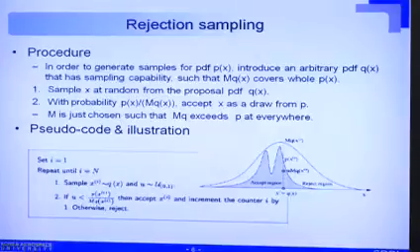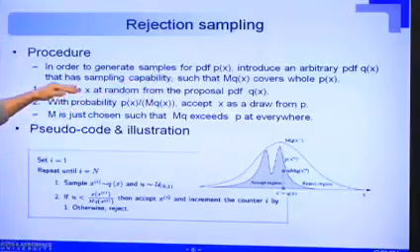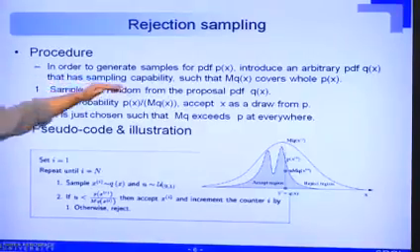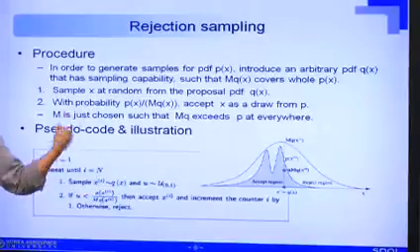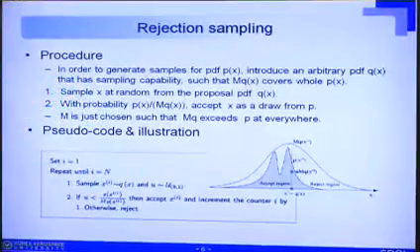Usually, this is the posterior distribution in our study, and we cannot generate the samples directly for this. So instead, we introduce an arbitrary proposal distribution, Q(x). This has the sampling capability, like a normal distribution, whatever distribution, from a standard PDF.